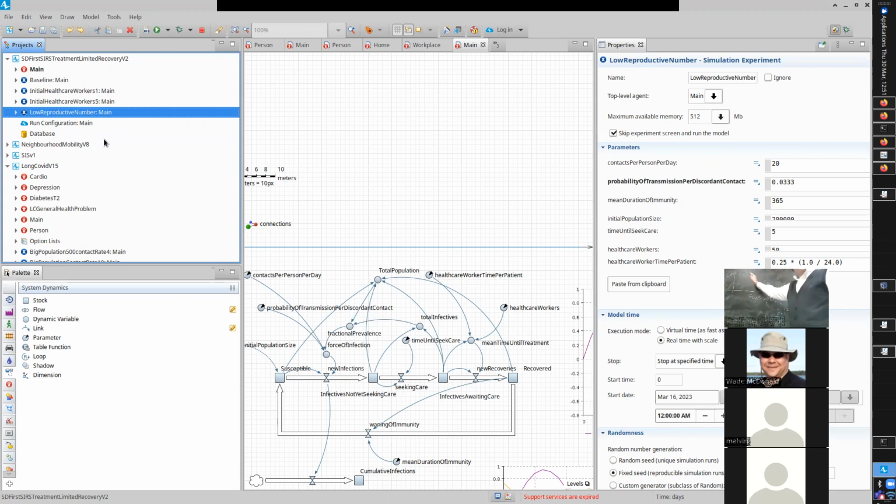Changes in model assumptions, such as the number of healthcare workers mediating care, can shift it from one endemic equilibrium to another. Both of these are stable. Once they get established, they resist change, but they're at very different points qualitatively. One is a level where it's a very, very high number of infections, and one where it's comparatively low, but it cycles to the equilibrium at a lower level of prevalence.